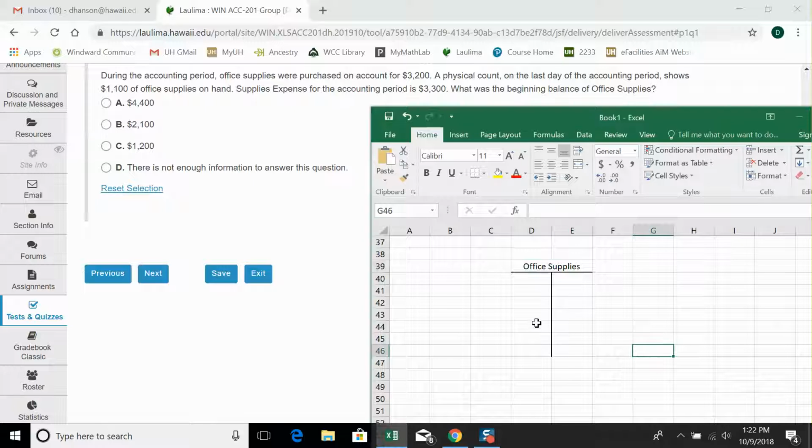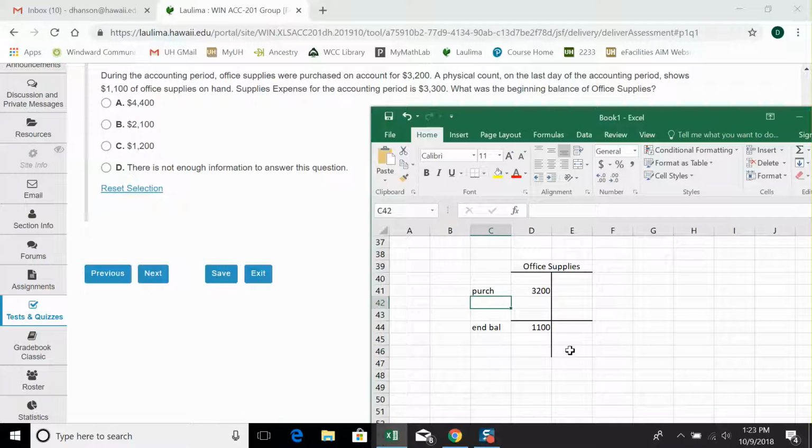Okay, and in this situation, they're actually giving us the ending balance. They're saying that our ending balance should be 1,100 because that's the amount of office supplies that are actually on hand at the end of the accounting period. Okay, they tell me that we purchased during the accounting period 3,200. So that's an increase to office supplies.